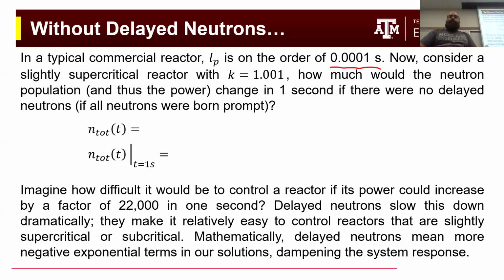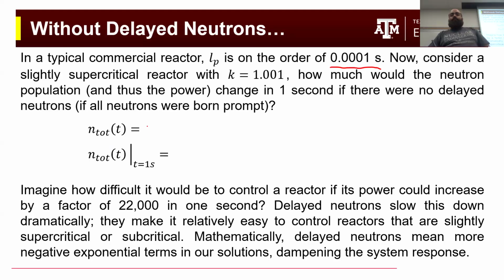Imagine a reactor that was just barely supercritical, with a multiplication factor of 1.001. How much would the neutron population change over 1 second of time? And therefore, how much would the power change as well? Because if the neutron population changes by a factor of 10, the power is also changing by a factor of 10.